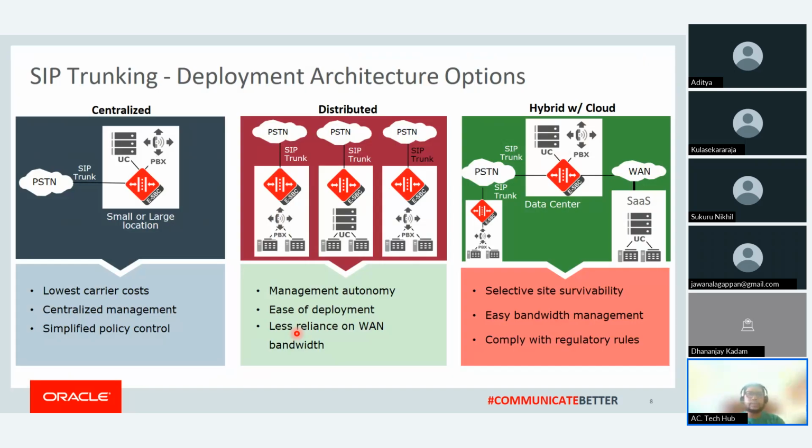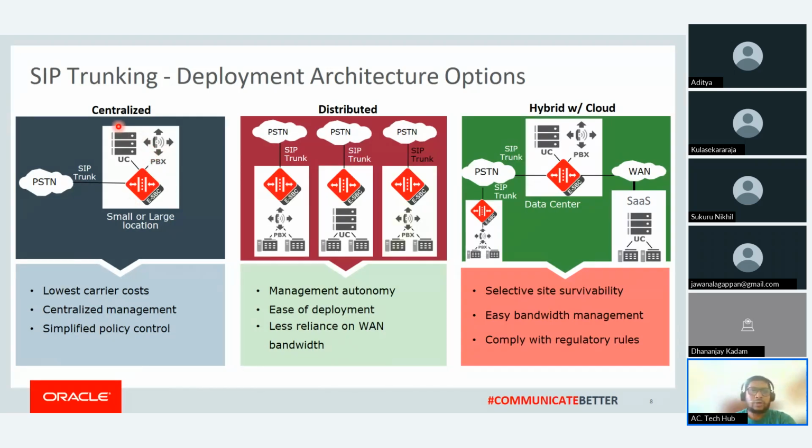So if you see the first one, centralized deployment architecture, so you have a single box and you have integrated your unified communication application and PBX. The reason why you should not choose centralized is that it has less resiliency, and if anything fails in terms of your WAN connection, you will lose the call.